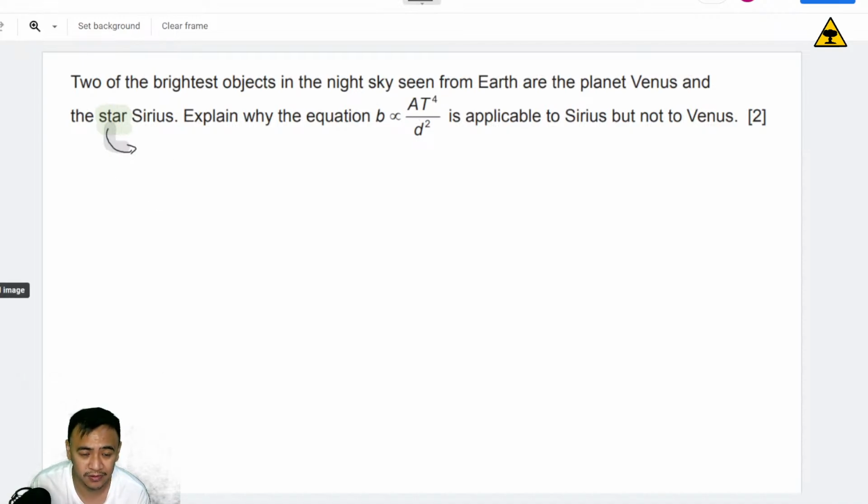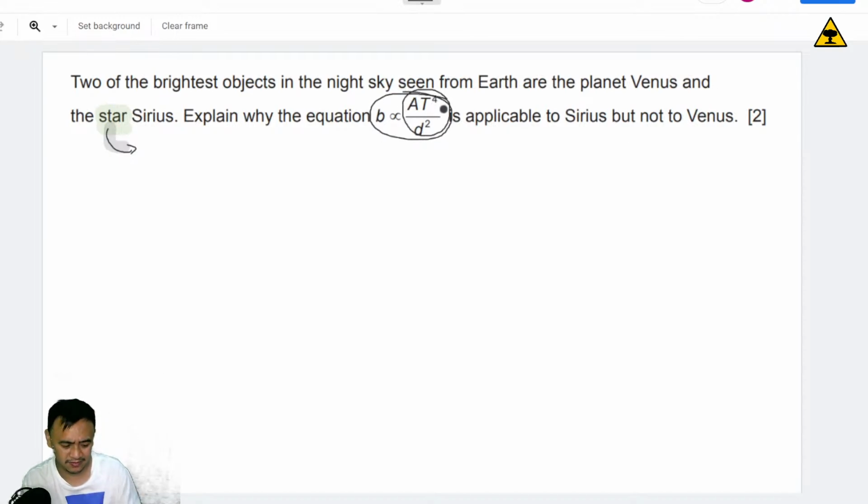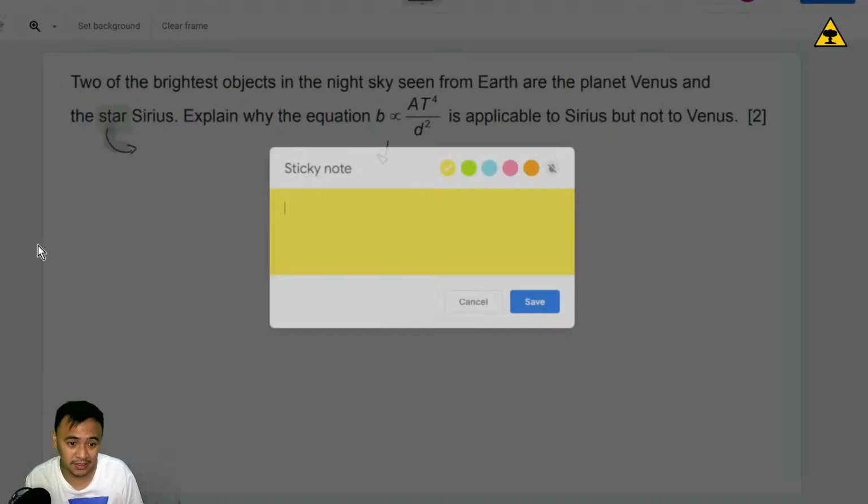Okay. Oh, and Venus reflects light from the sun. It's visible because it reflects light. So it's not about this anymore. It doesn't make its own light. Right. So again, the key idea here: let's just put that up.